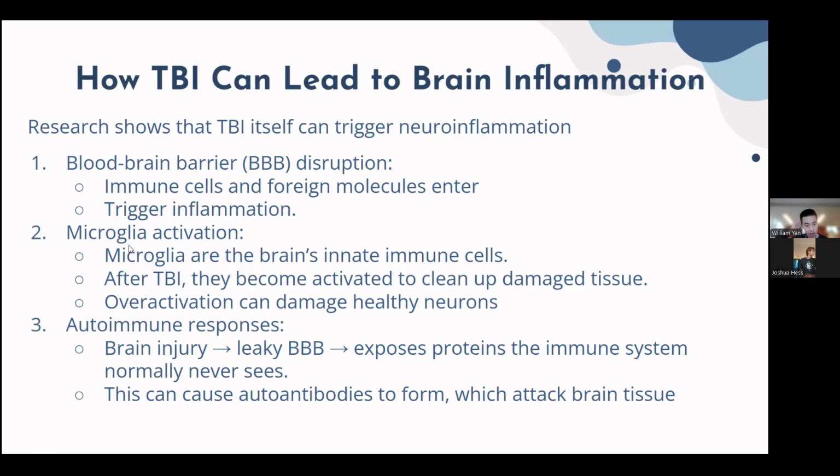But once there's an impact, this barrier can be broken, and immune cells and foreign molecules can enter, and these will be considered invaders by the resident immune cells in the brain, and that triggers inflammation. That goes hand in hand with microglia activation.